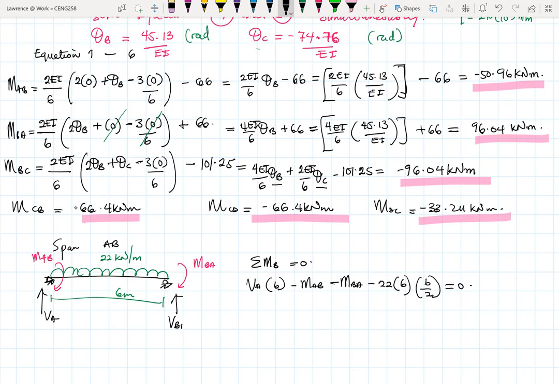We know what MAB is, so it becomes 6VA minus MAB. MAB is minus 50.96, so it becomes minus minus, and 22 times 6 divided by 2 will give us minus 396.